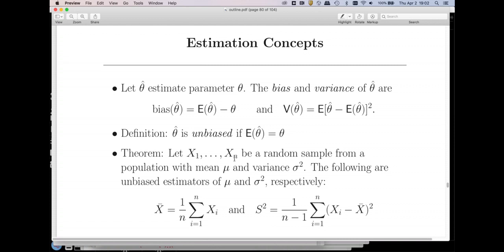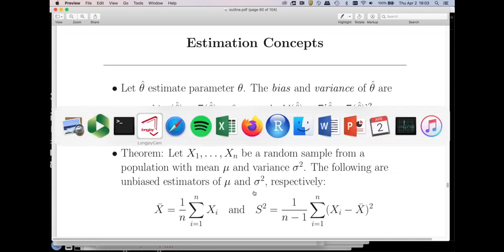So we have a random sample of size n, and we're going to assume that the true mean of the population is mu, and the true variance is sigma squared. The result that we want to establish is that both x bar and s squared are unbiased estimators of mu and sigma squared. So let's go establish this on paper.